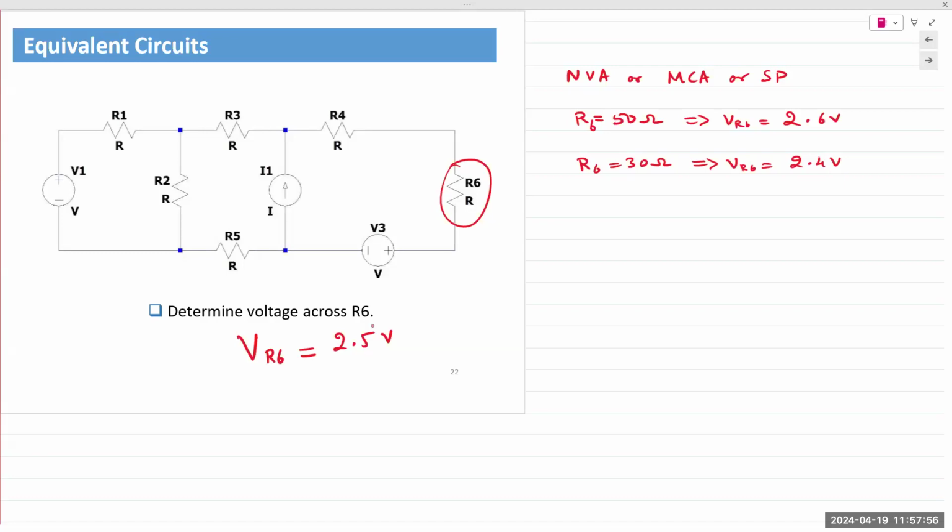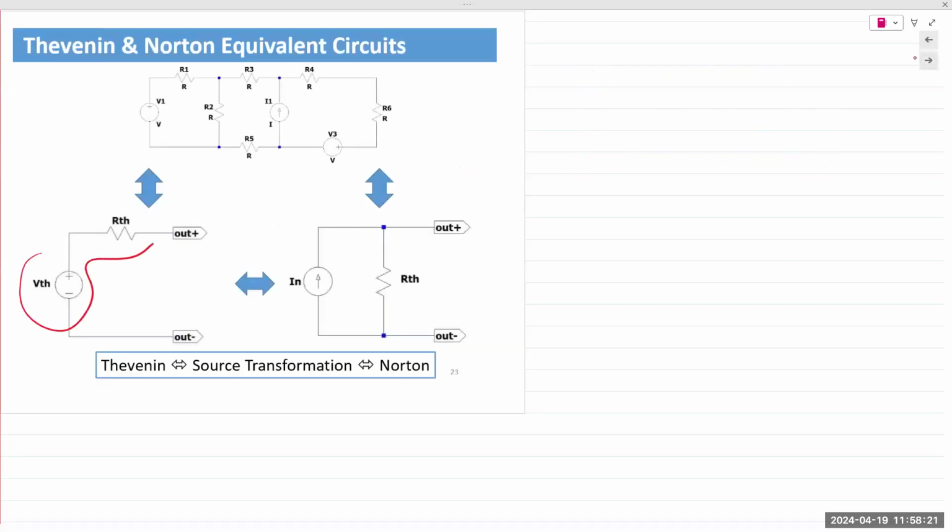The theory states you could take a large circuit like this one, exclude R6 from your analysis, and represent that entire circuit, a linear circuit comprising independent sources and linear resistors, as a single voltage source in series with a resistance. That theorem is one of the most important concepts in circuit analysis, and it's known as Thevenin's theorem.